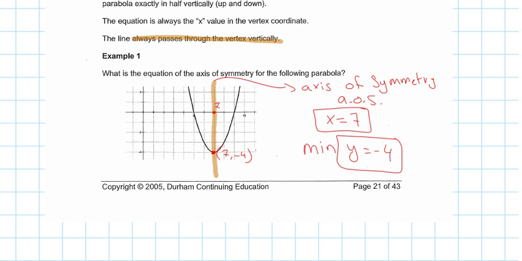The x part. The minimum value represents what part of the vertex? The y. So the axis of symmetry makes the x part of the vertex, and the minimum value makes the y part of the vertex. Are you okay with that?